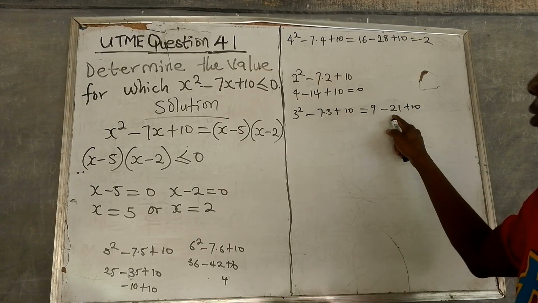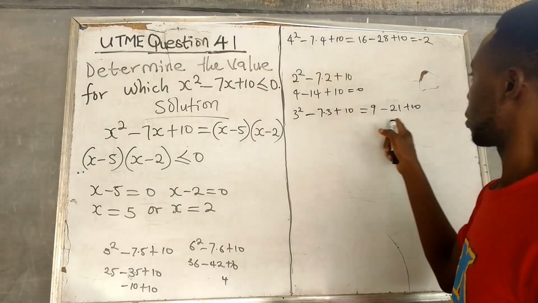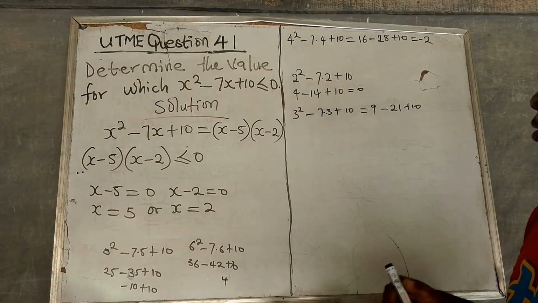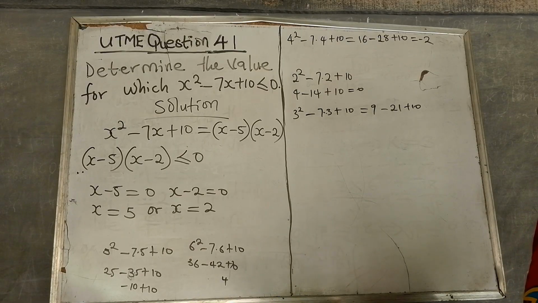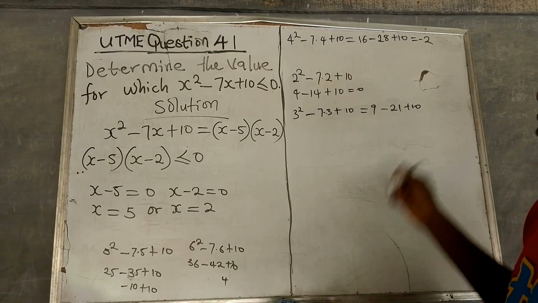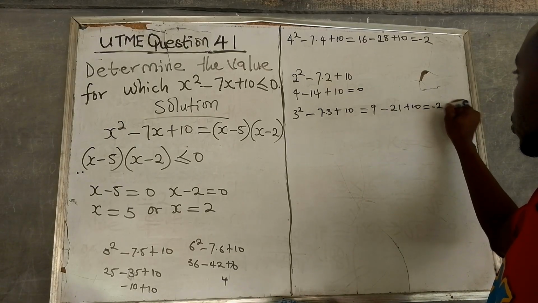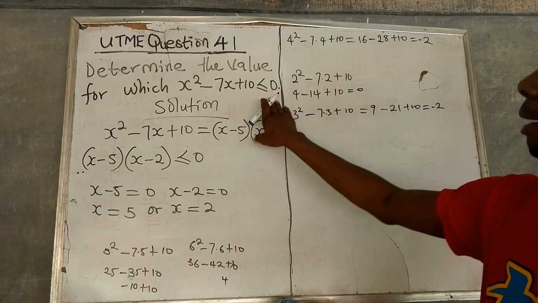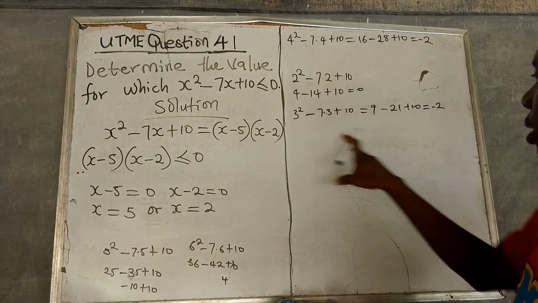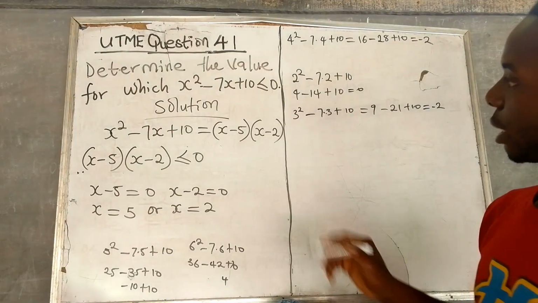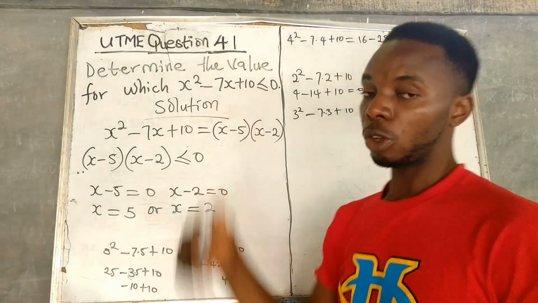Now 9 minus 21 will give me minus 12. Minus 12 plus 10 will give me minus 2. So minus 2 is less than 0. So it can be true if x is greater than 2. Now let's check, what if x is lower than 2?